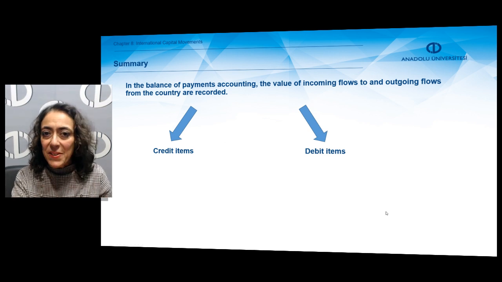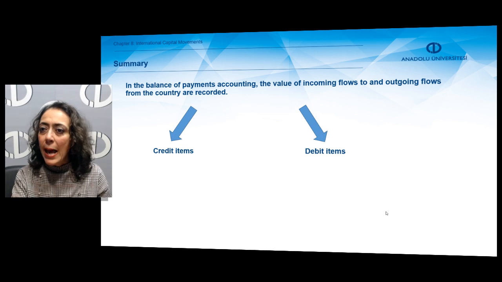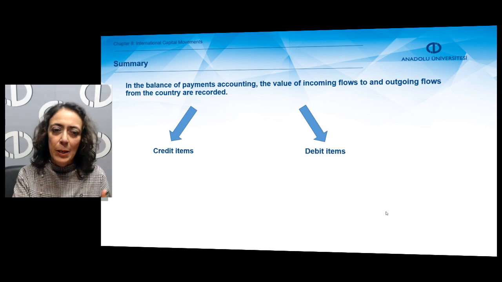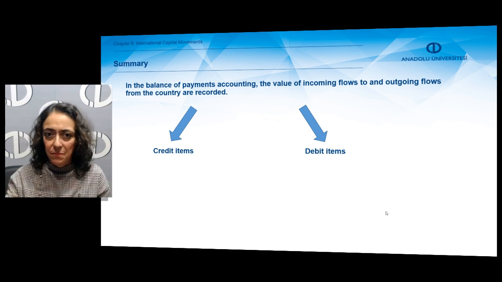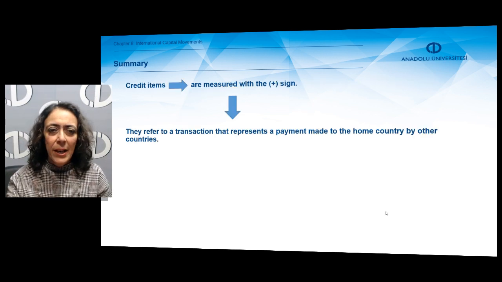In the balance of payments accounting, the value of incoming flows to and outgoing flows from the country are recorded by credit items and debit items. Credit items are measured with the positive sign.